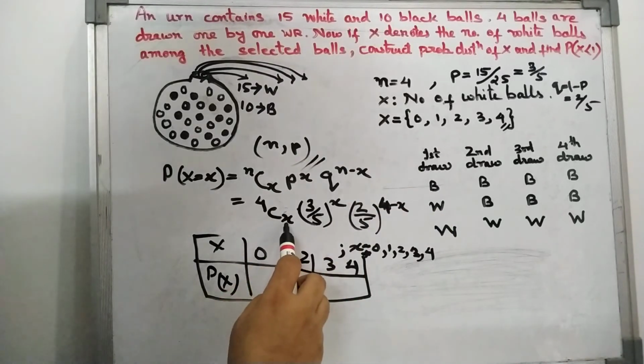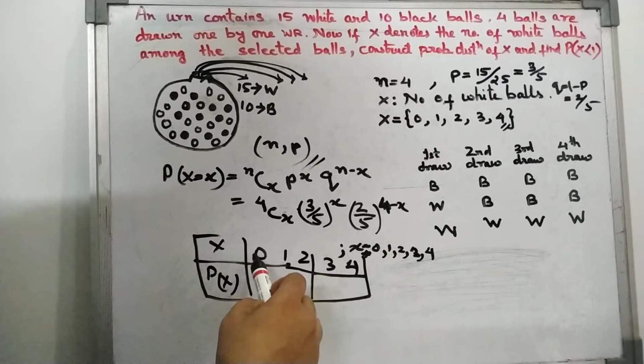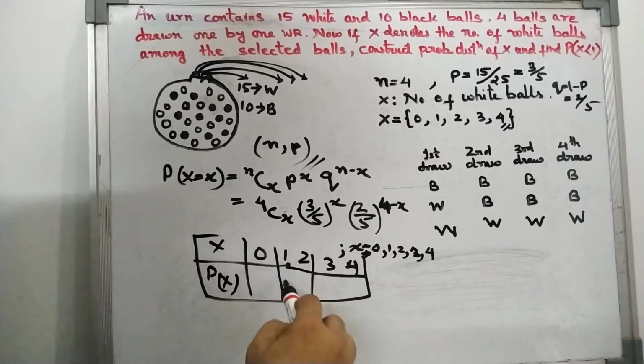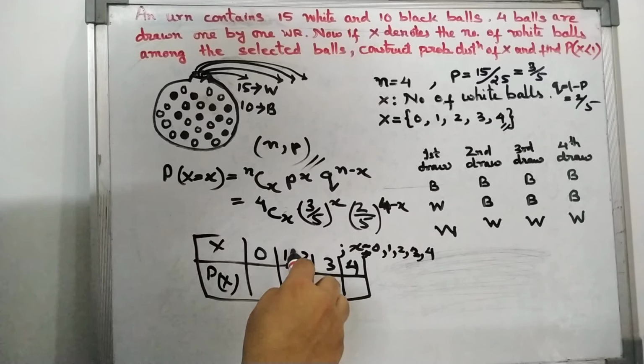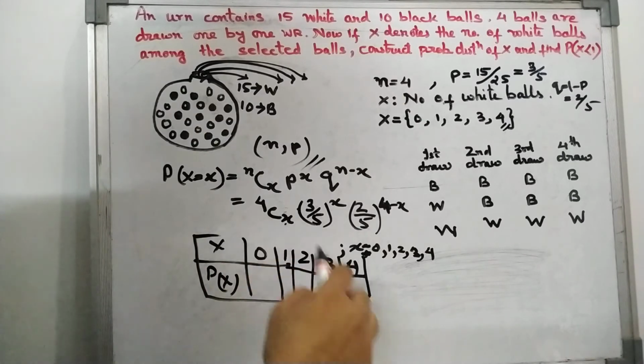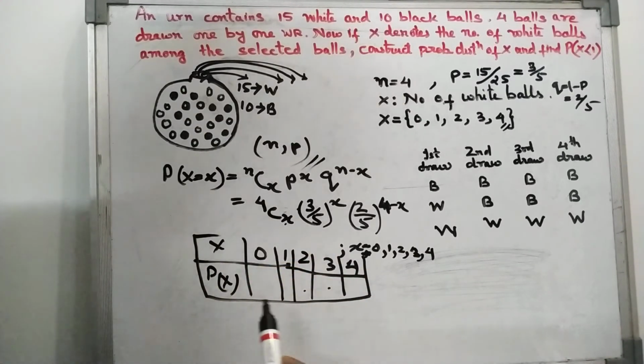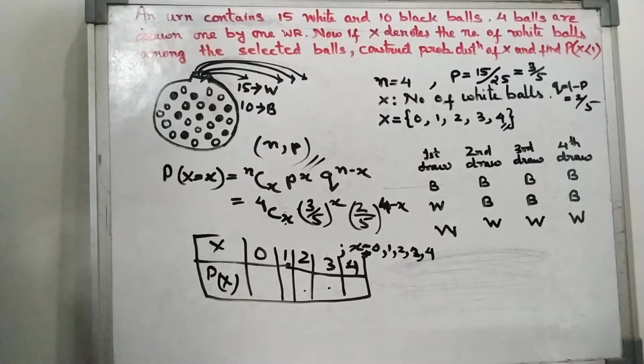Just the x value is unknown, so putting x equal to 0, we get the value of P(0), x equal to 1, we get P(1), putting x value 2, we get P(2), putting x value 3, we get P(3), similarly P(4). So the first part is complete.